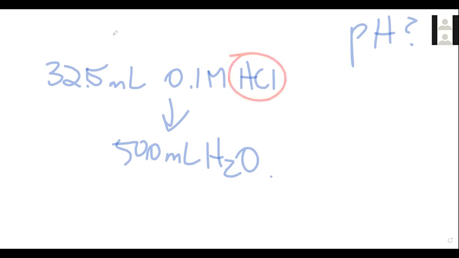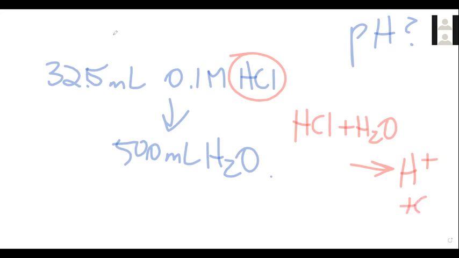Let me look at my notes. So what happens when we put HCl in water? That's important. It completely dissociates into hydrogen and chloride ions. So we get H plus and Cl minus. Actually, we get H3O plus.